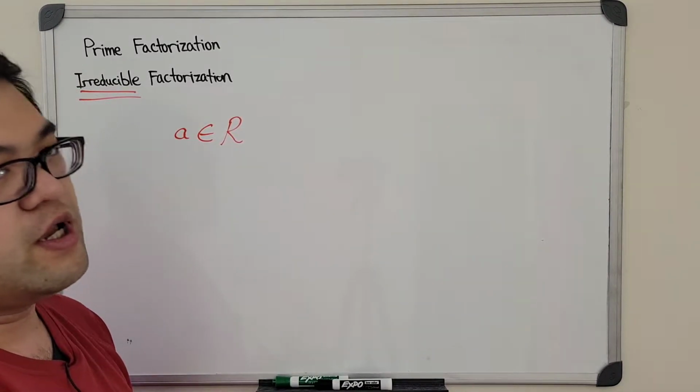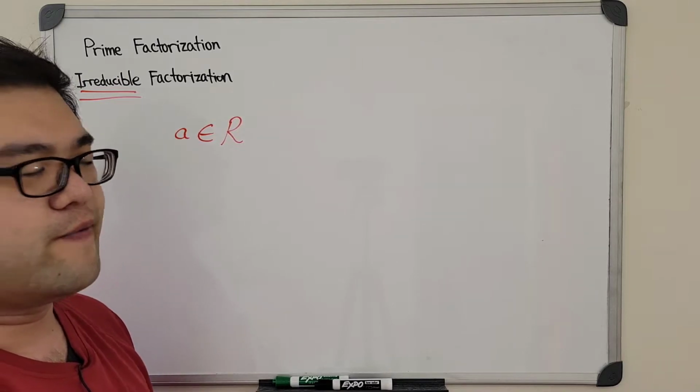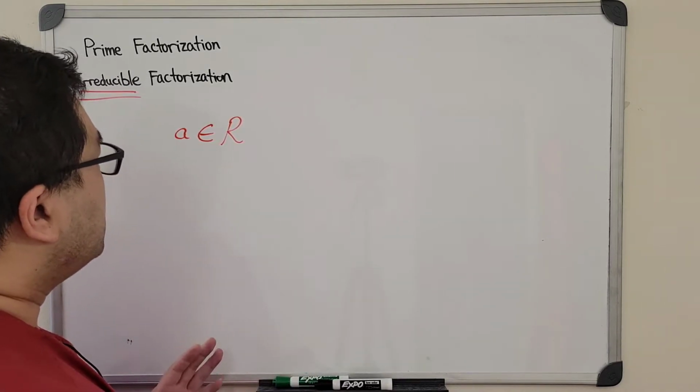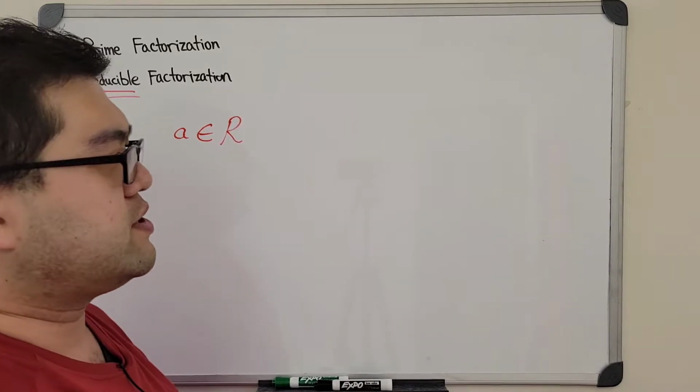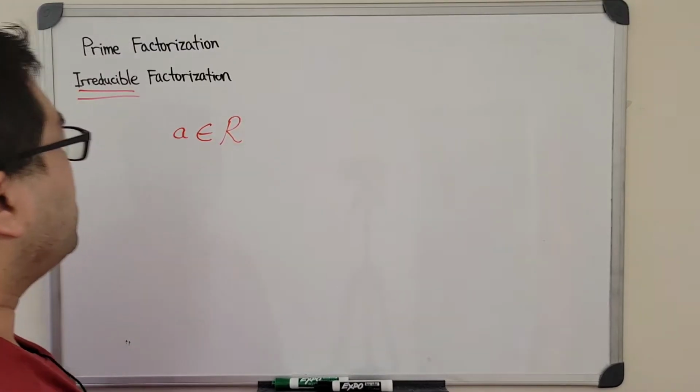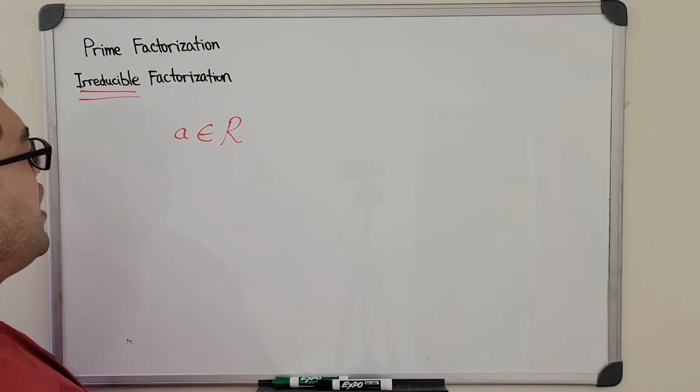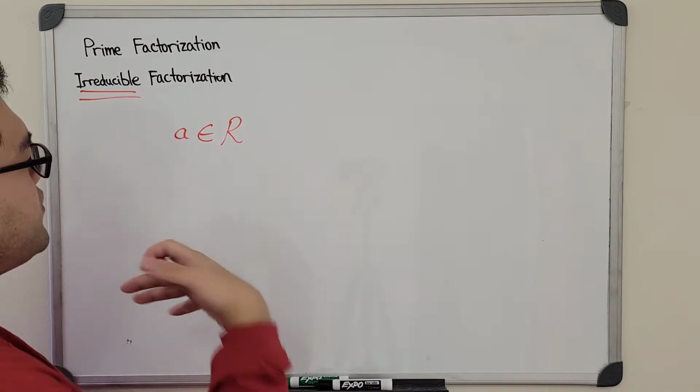And what does that mean? If you don't know it, it's okay. Just stay on it, and I'll find some time to explain what those abstract ideas are. But anyway, suppose that we have an element in a ring.